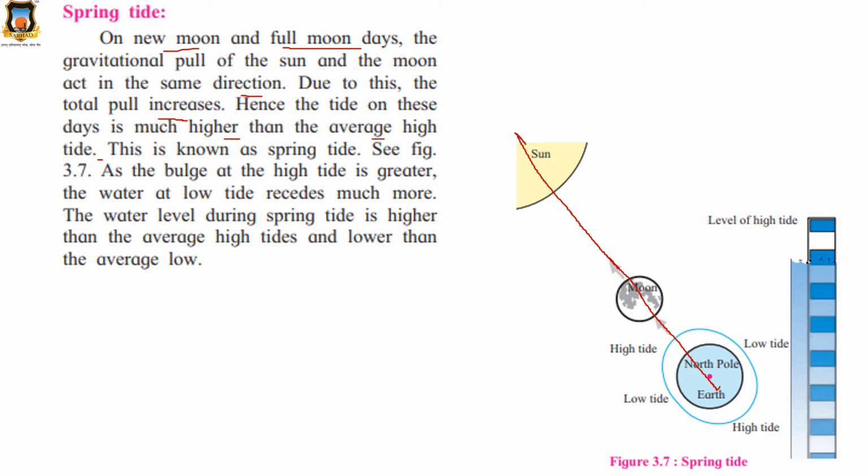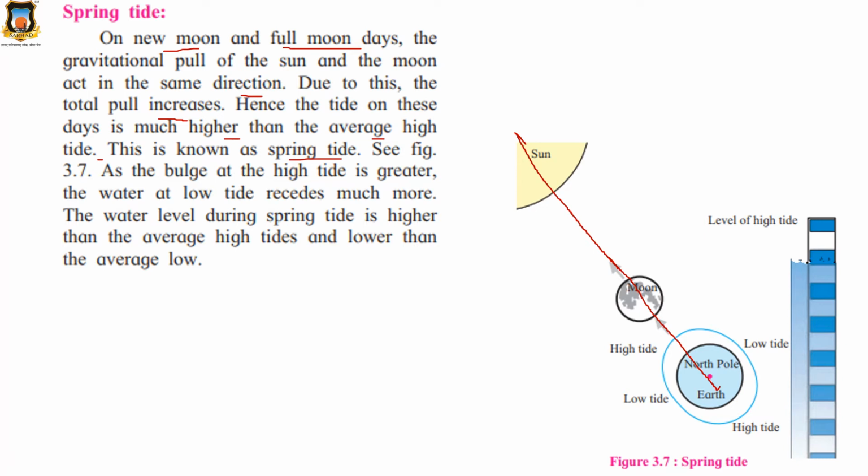Every day we experience tide, but the high tide is more on the new moon and full moon because the gravitational pull of the sun and the moon together, their force is greater. Why? Because it is the combined pull of the sun and the moon. Clear? Hence, the tide on these days is much higher than the average high tide. This is known as a spring tide.